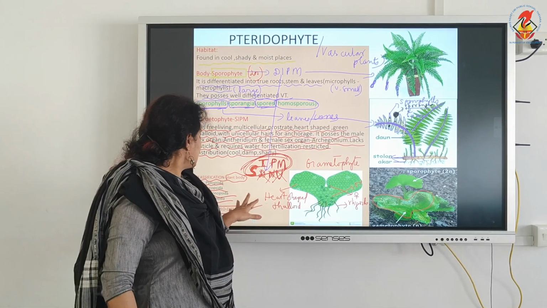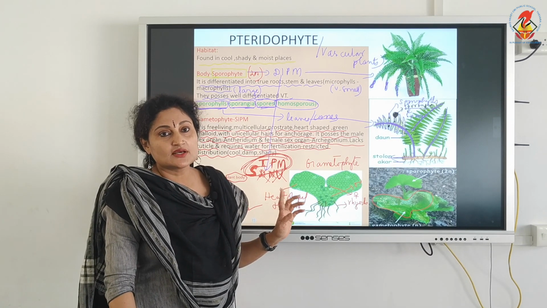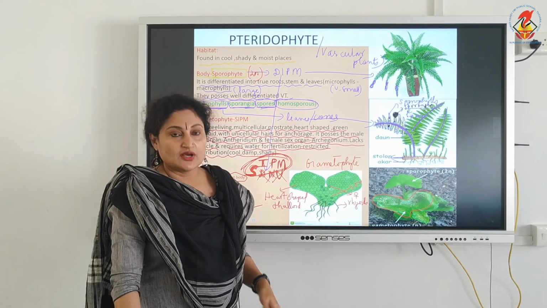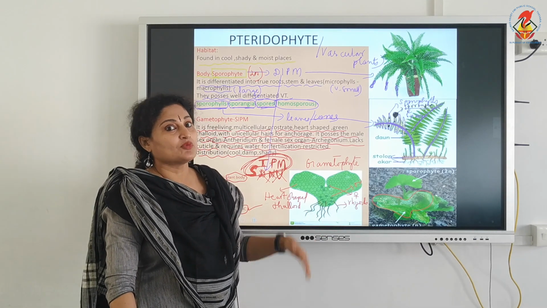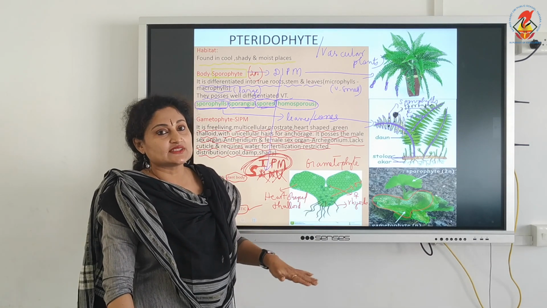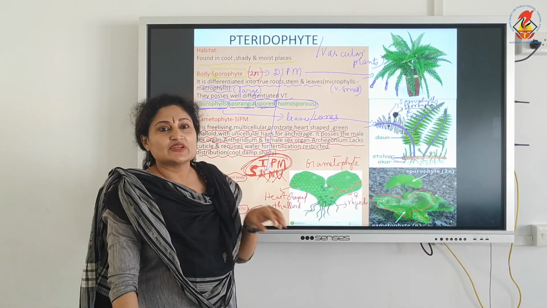Clear? And its life cycle is justified as haplodiplontic because both the sporophyte and gametophyte are multicellular. Also here in this context, I can say both are photosynthetic, both are independent. The only difference is the sporophyte is dominant and the gametophyte is short-lived.